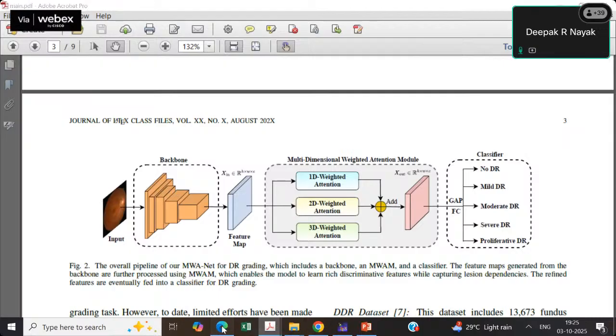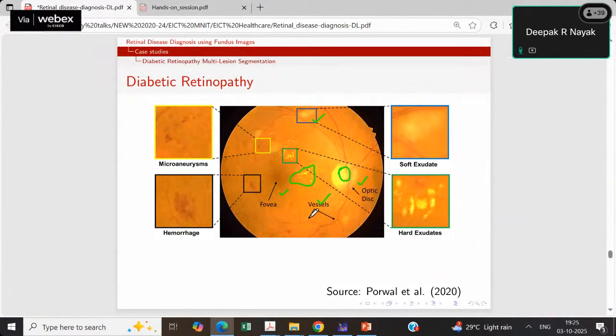But as I mentioned, there could also be a problem statement on segmentation, where your job would be highlighting the regions where there are lesions like microaneurysm, hemorrhage, soft exudate, and hard exudate, which is a pretty difficult task. This is the most important and most challenging part.